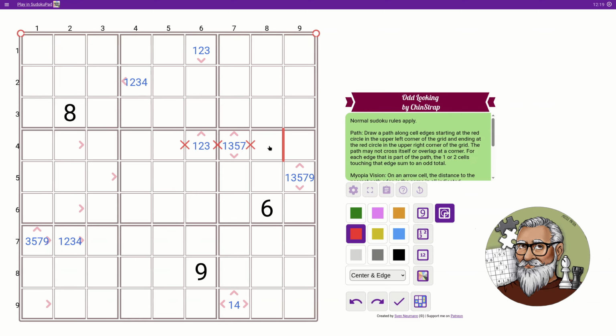This would have to be 3 because this is 1 away. Well, that's allowed, right? Is there a problem with that? This is 3. This becomes 1 or 2. That's not a problem, right? At least I don't think so. And this would be 1, 2, 3, 4, 5, 6, 7.